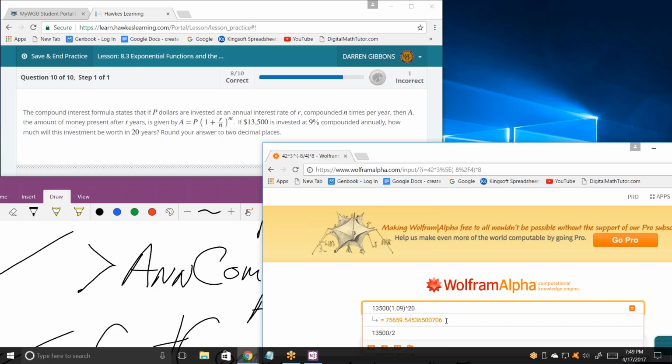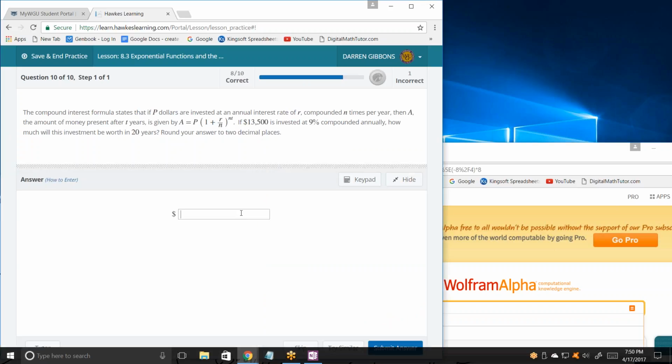Now if I hit enter, it'll give it to me again. But now you do have to round that. It's point what after the decimal? 0.55. So 75,659.55.